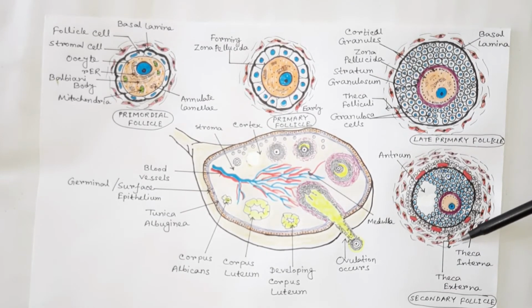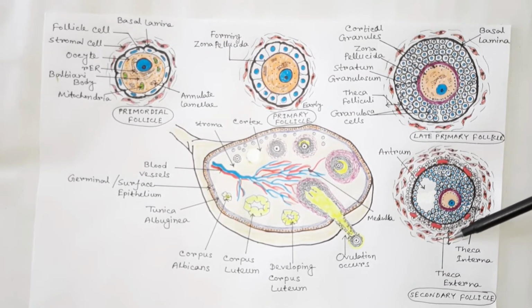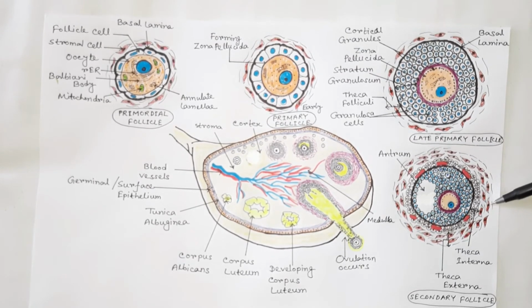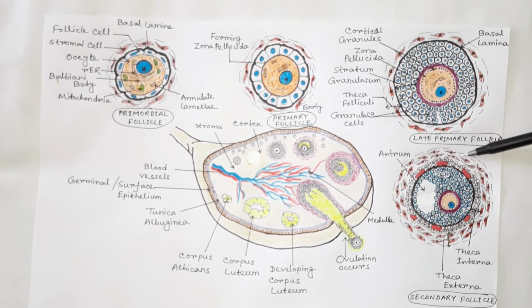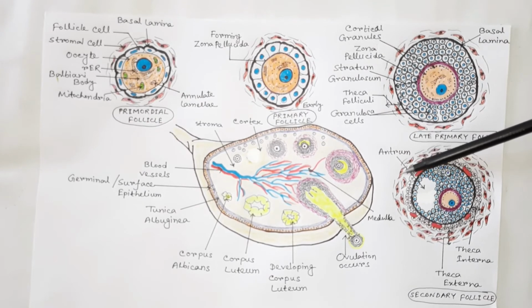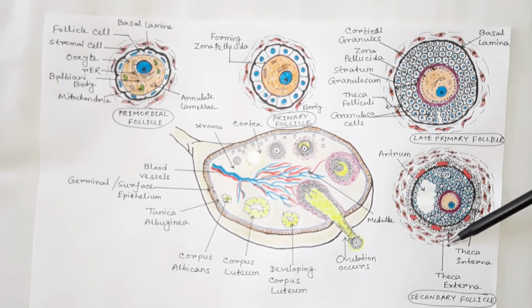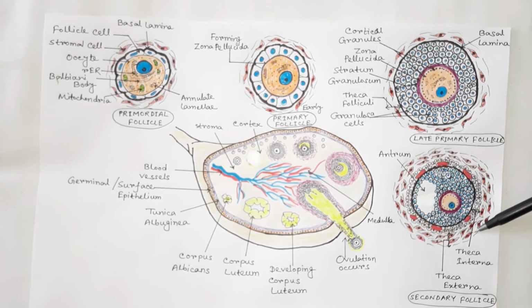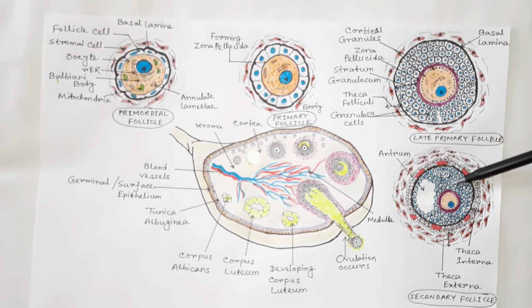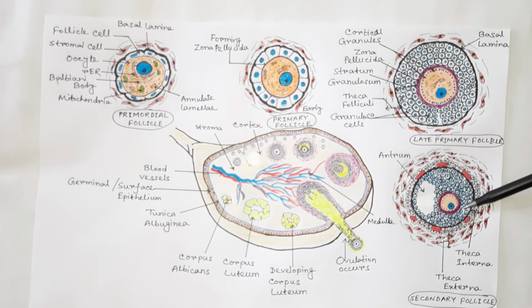This is theca externa. It is the outer layer of connective tissue cells. It contains mainly smooth muscle cells and bundles of collagen fibers. The stratum granulosum reaches a thickness of 6 to 12 cell layers.